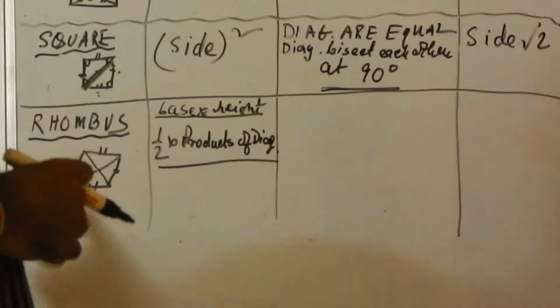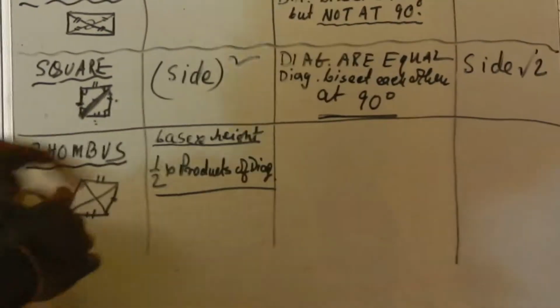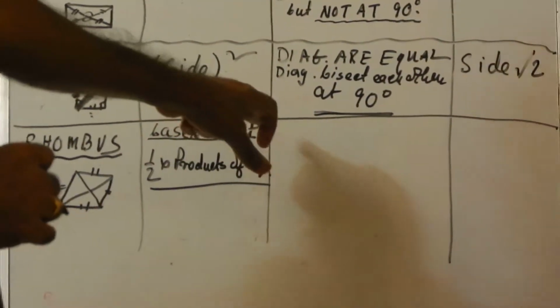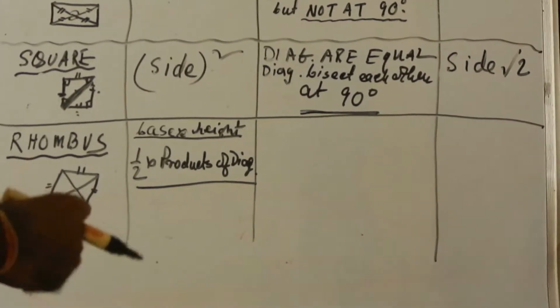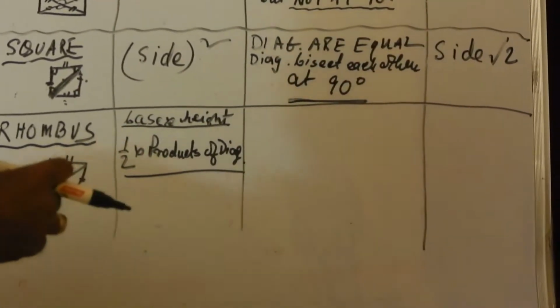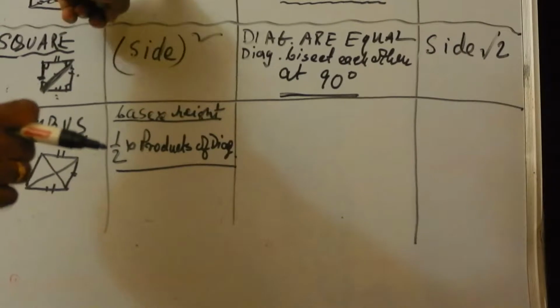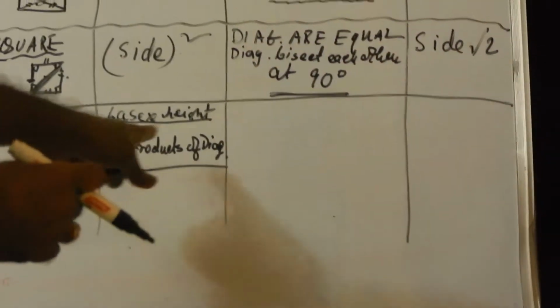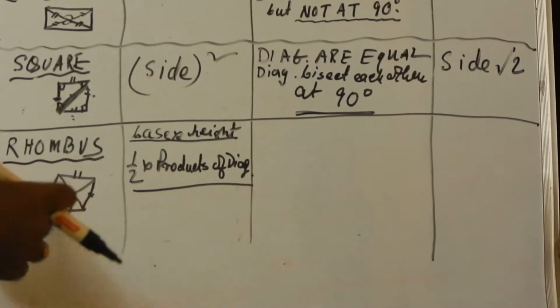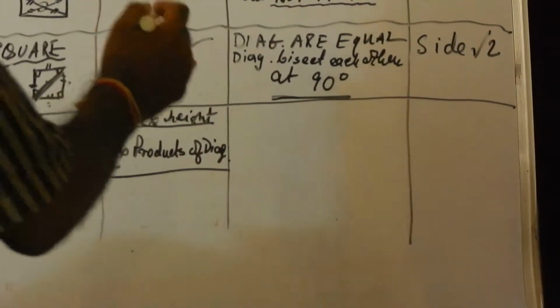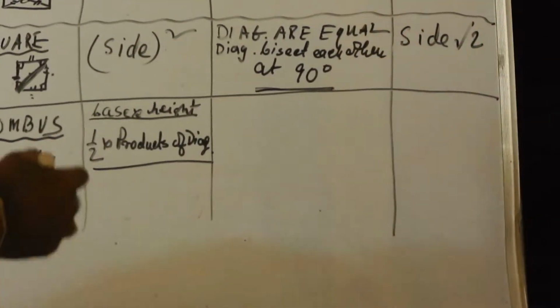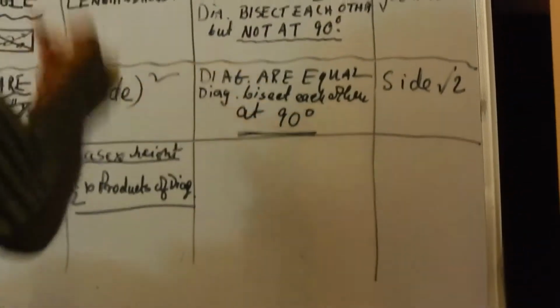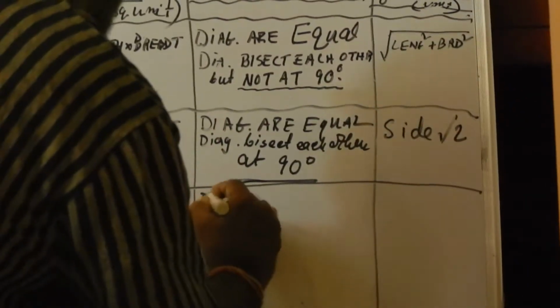And if the base and the height are given, you can use that formula also, because for rhombus there is no length into breadth type formula. These two formulas are there: base into height, and half into the product of diagonals. And regarding the character of diagonals, here lies the difference between square and rhombus, and a major difference with rectangle also: diagonals are unequal.